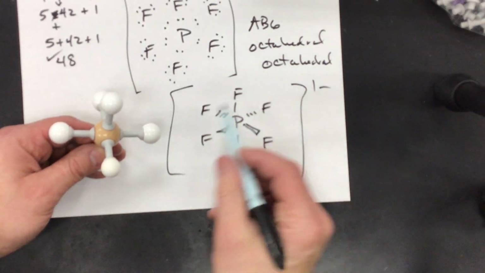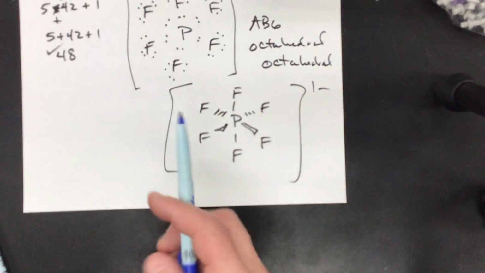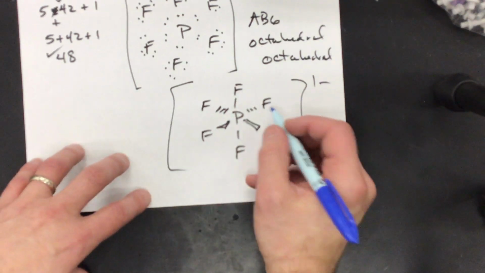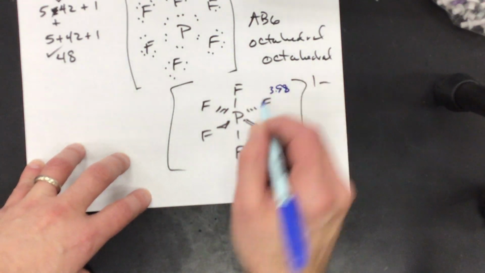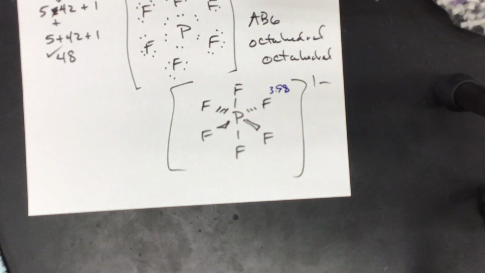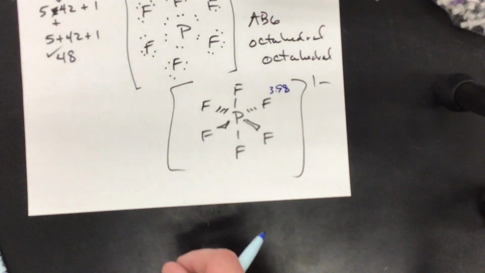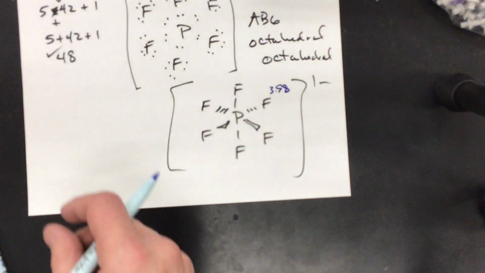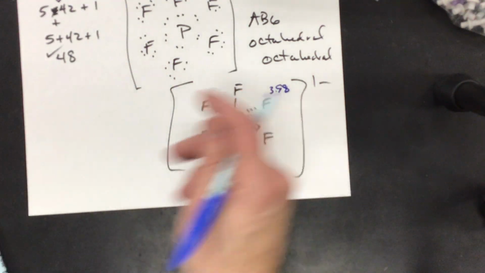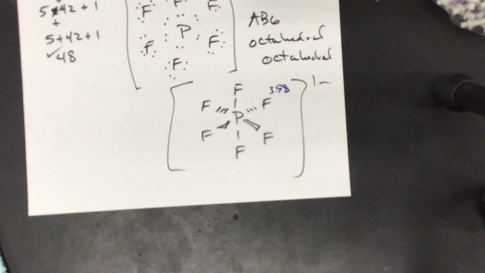And now we can say, well, what about the bond polarities? Is it going to be polar? Probably. Fluorine is the most electronegative element. It's 3.98. If we were to look at phosphorus, I'm quite sure it's less than carbon. I want to say it's on the order of 1.9 or 2. Not having a book in front of me right now, we'd have to look that up periodic table-wise.